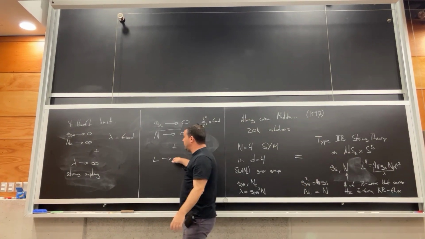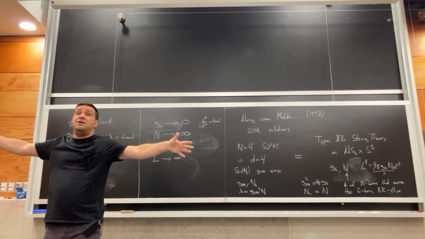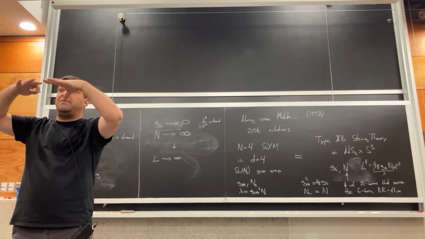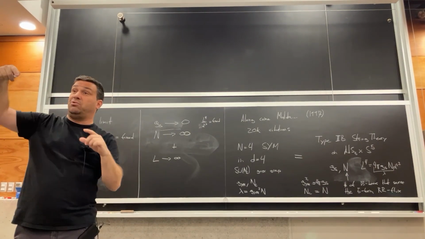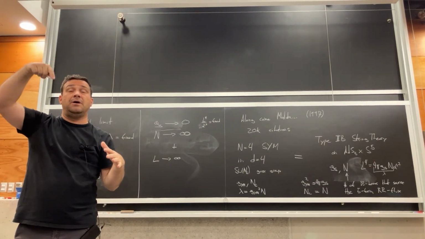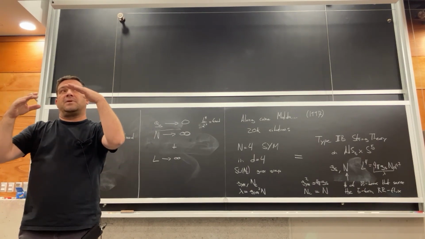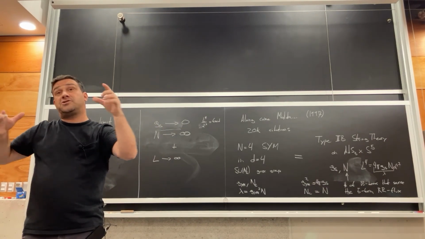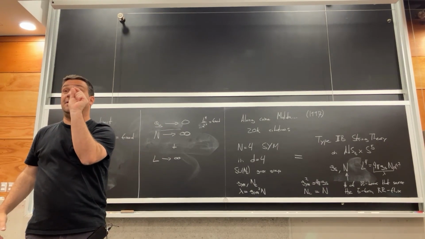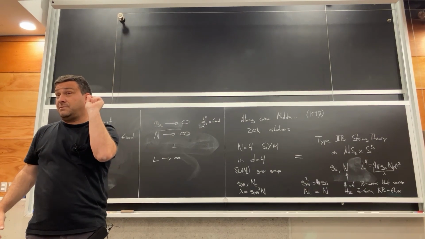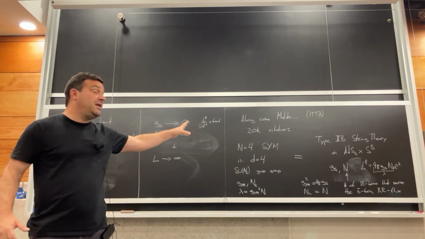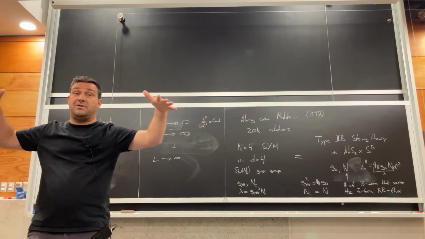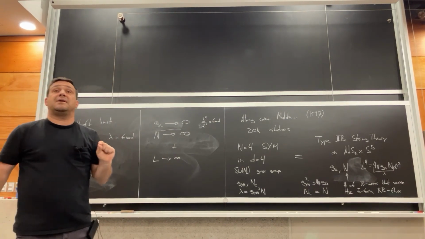But then the second part of the limit, when I take the radius to infinity, what happens? Well, if the sphere is not very curved, if the sphere is quite big, and I put a string on top of that sphere, how does the size of the string compare to the size of the sphere? Well, the string is going to be very small, right? It's going to look like a point. Does that make sense? And the same on AdS, of course. So if this space is very big, in the sense that the curvature is not that big, the string is going to look like a point.